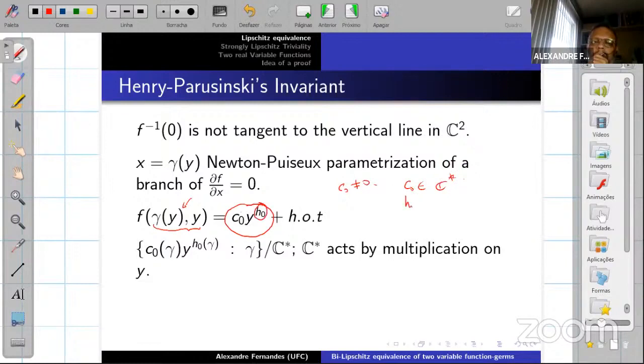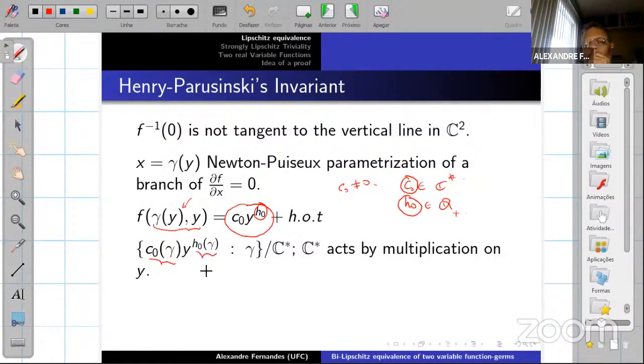This power is a rational positive number, and associated to this branch, we have two numbers. One of them is in C star, and the other one is in Q plus. Okay, and you put this number here.